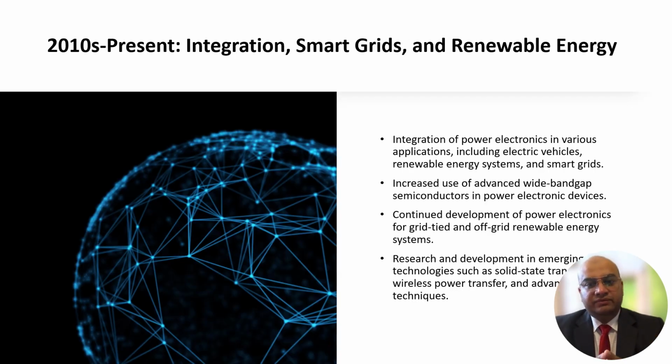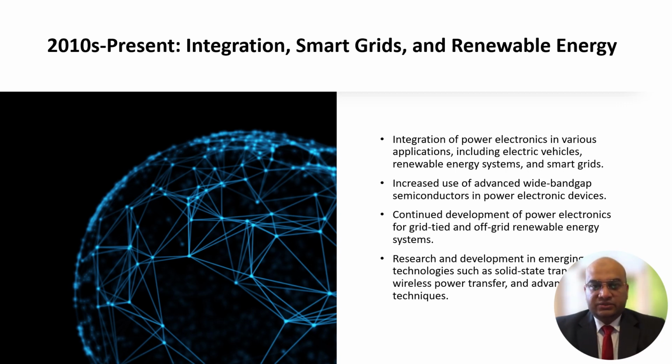Now, if we move and see the recent advancements in the last few decades, starting 2010, this was the period which saw an integration of smart grids and different distributed energy resources. So here the integration of power electronics in various applications including electric vehicles, renewable energy systems and smart grids took place.